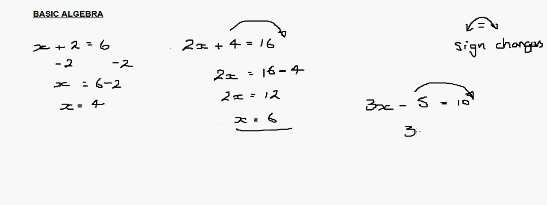So I have 3x equals 10. Now this is a minus 5, so the sign changes, so it becomes plus 5. So 3x equals 15. So if 3 things cost £15, one thing must cost £5.